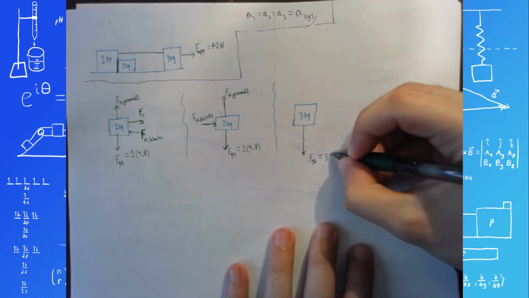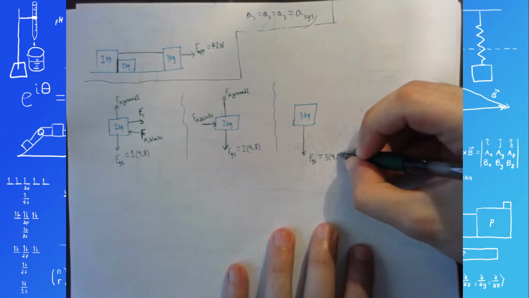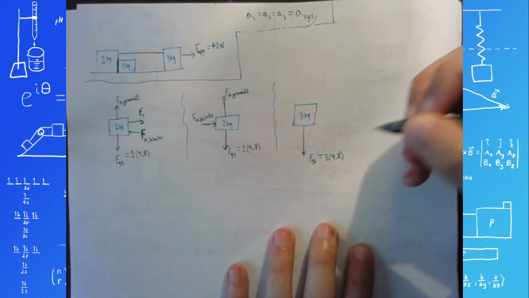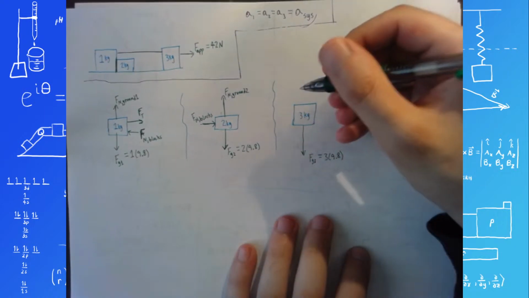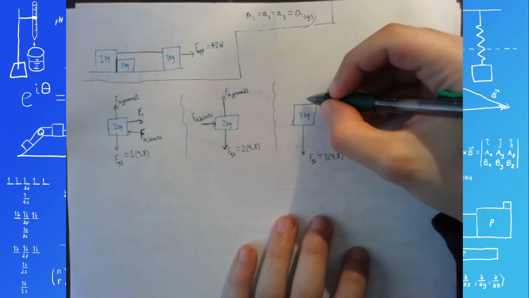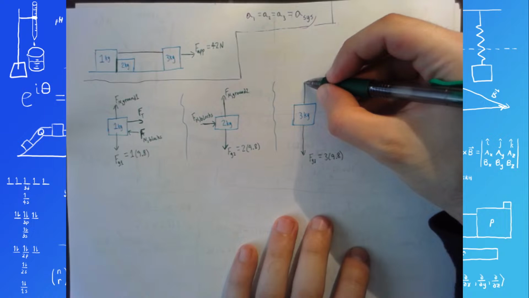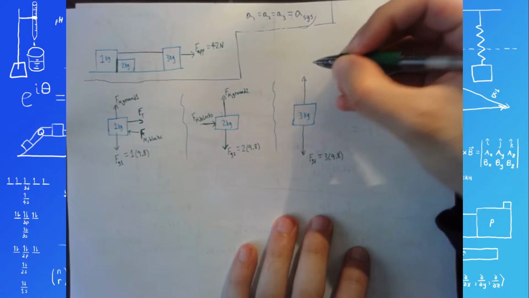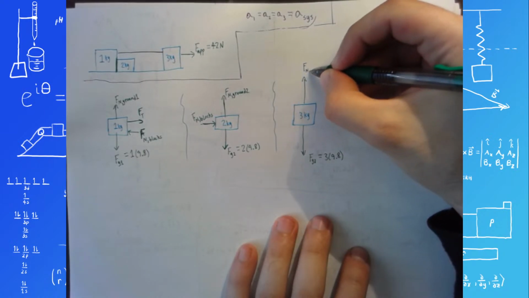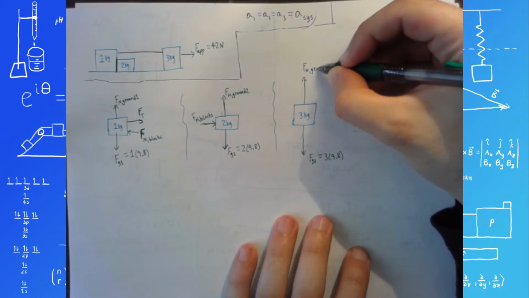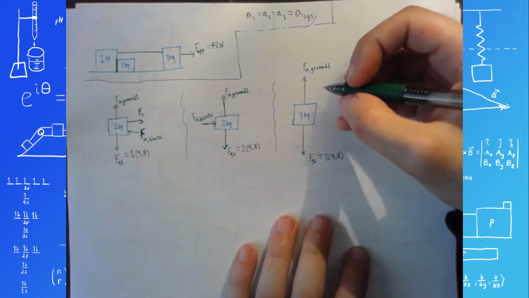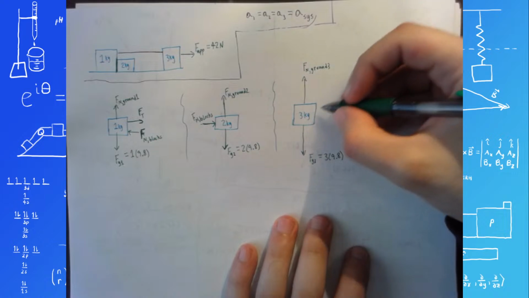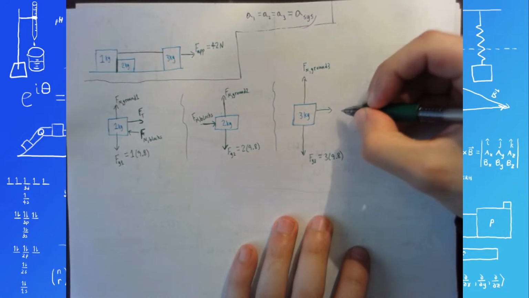So that's 3 times 9.8. And then we've got normal force ground 3, of course. And then we have, what else? The force applied, of course.